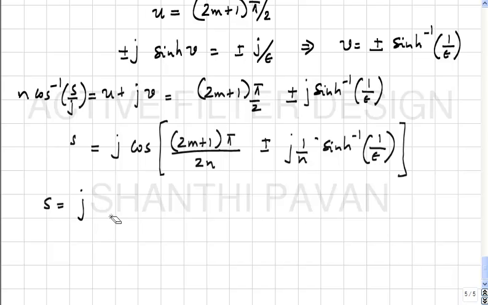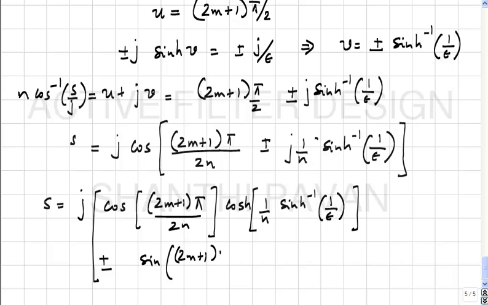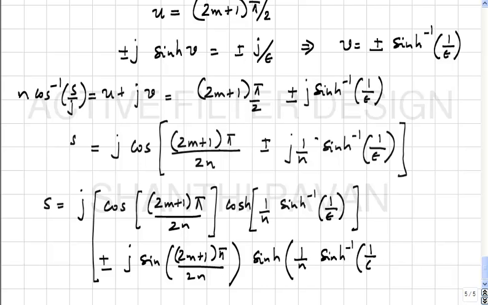This is nothing but cos of 2m plus 1 into pi by 2n, cos of j by n sin hyperbolic inverse 1 by epsilon, which is cos hyperbolic of 1 by n sin hyperbolic inverse of 1 by epsilon, right, plus minus sin of 2m plus 1 pi by 2n, j sin hyperbolic of 1 by n sin hyperbolic inverse of 1 by epsilon.